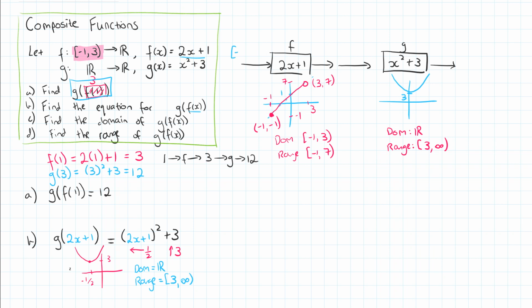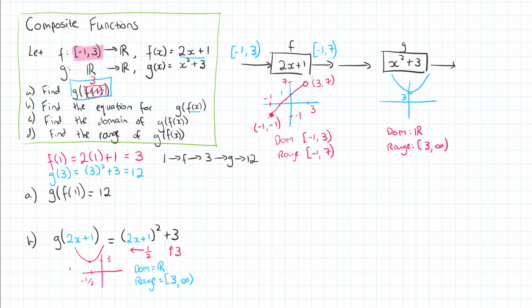They are all possible x values that can go in. And what comes out the other end are all the possible answers we could get, or y values, or range. So the stuff coming out is between -1 and 7.